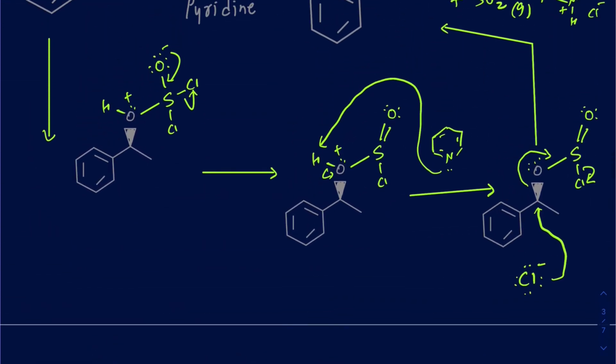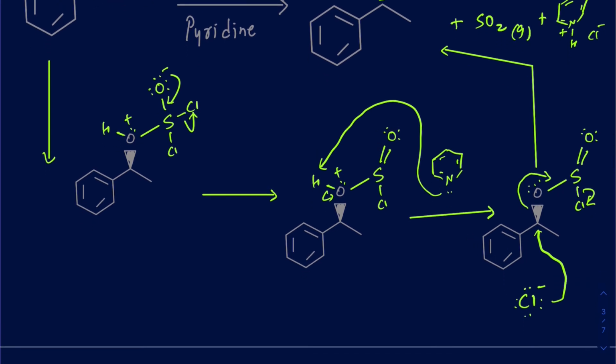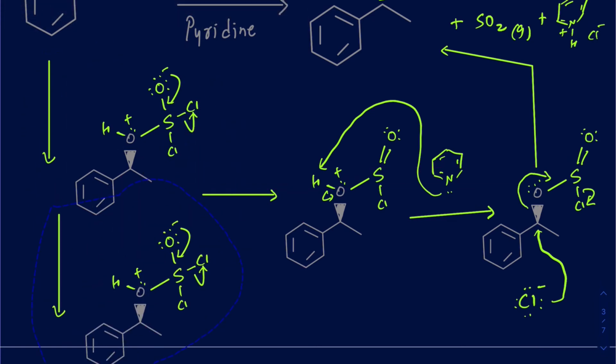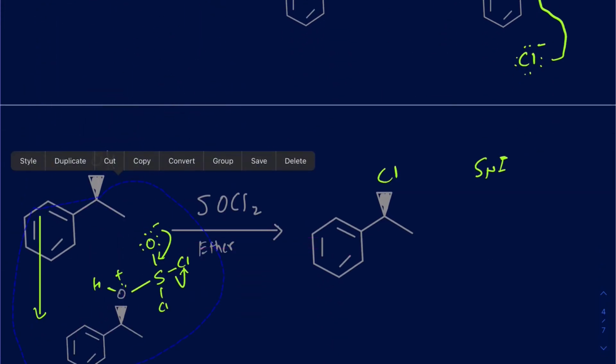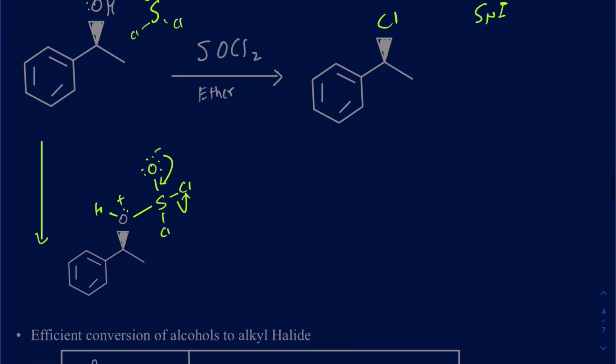So if I want to talk about the mechanism here, the first part is still going to be the same. So I'm just going to copy this down here, because you're still going to have this SOCl2, the oxygen here attacking this sulfur, the pi bond breaks here, and then you make this intermediate that I have drawn on the bottom here.